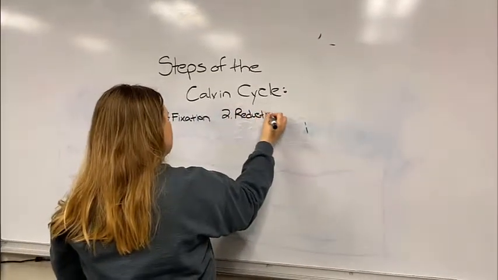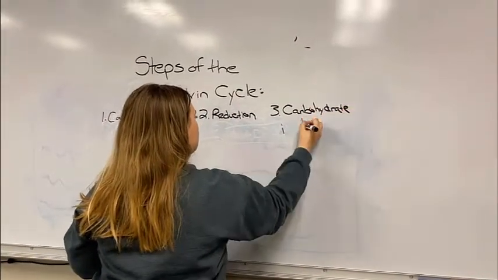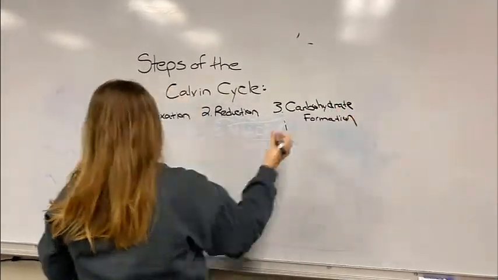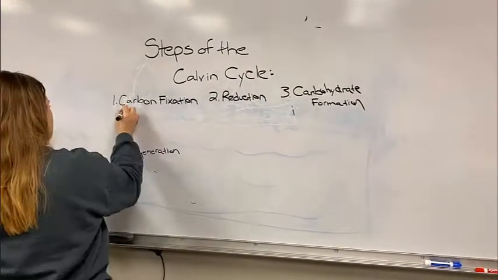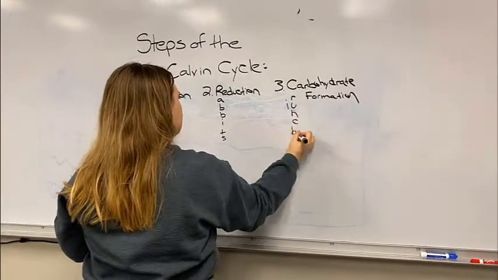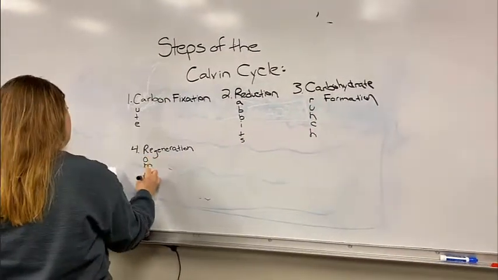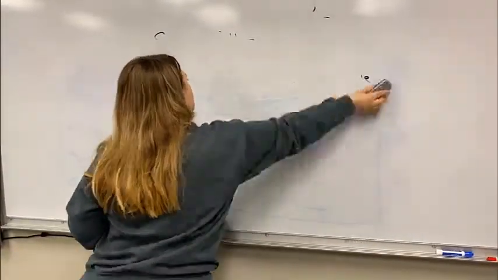So again, we have carbon fixation, reduction, carbohydrate formation, and regeneration. And so what I've done is: cute rabbits crunch romaine. And while this may sound silly or nonsensical, it can actually help us to better encode and recall the steps later on.